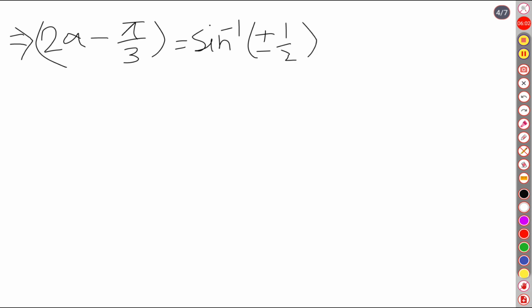Well, and for our convenience we can just show our domain. What was our domain? The domain was from negative 240 until positive 120. This is just so that we can have a look at that.